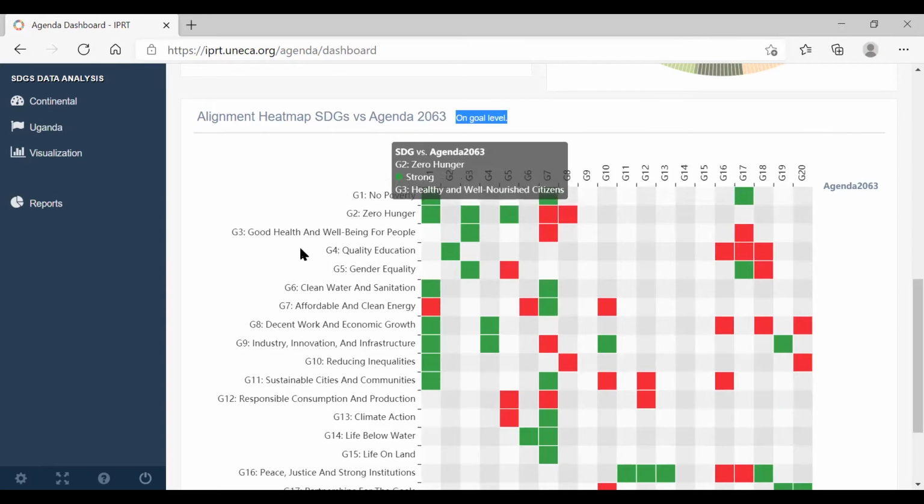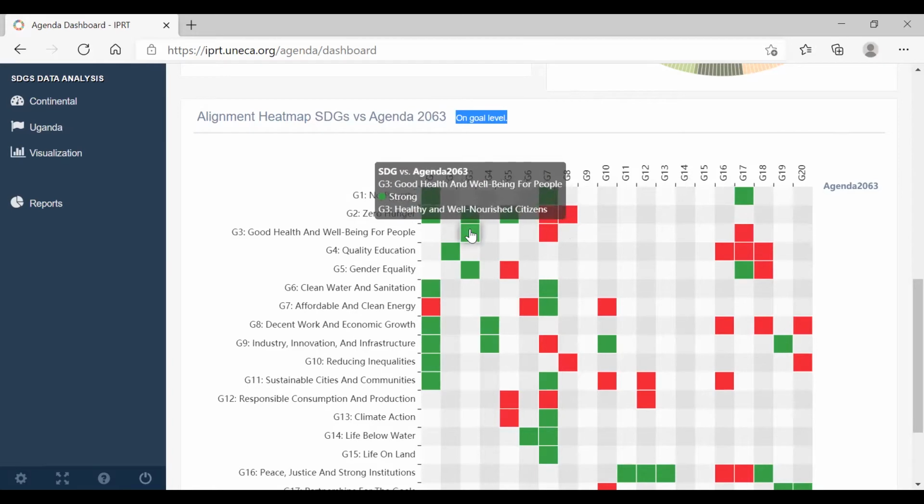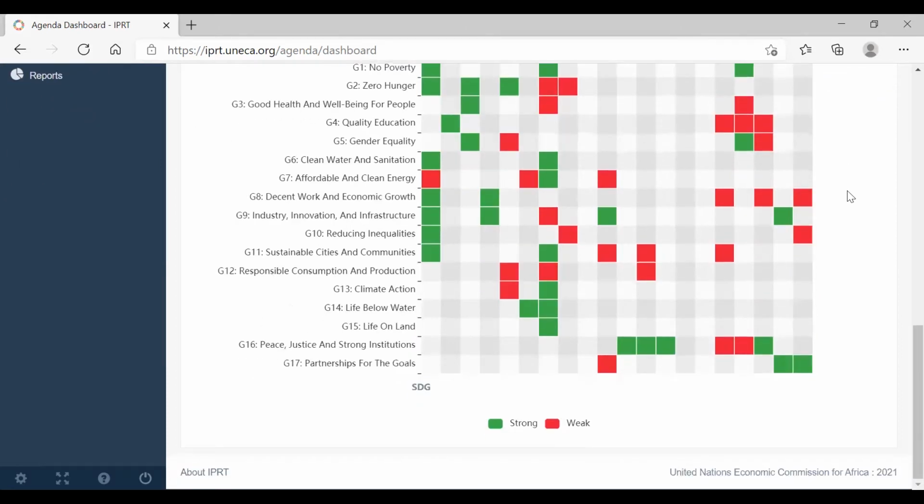And likewise, if you look at goal number 2, zero hunger, this is aligned with goal number 1 of Agenda 2063, goal number 3, goal number 5, and it's weakly aligned with goal number 7 and goal number 8 of Agenda 2063.